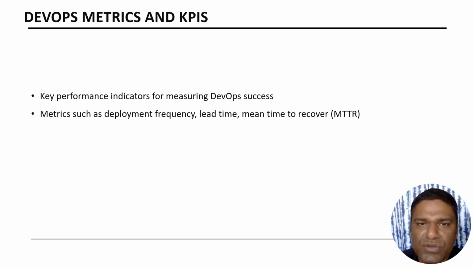Tracking these metrics over time allows teams to identify trends, set performance targets, as well as continuously improve their DevOps practice. However, it is also essential to select metrics that align with organization goals and to avoid metrics that incentivize undesirable behavior such as sacrificing quality for speed.